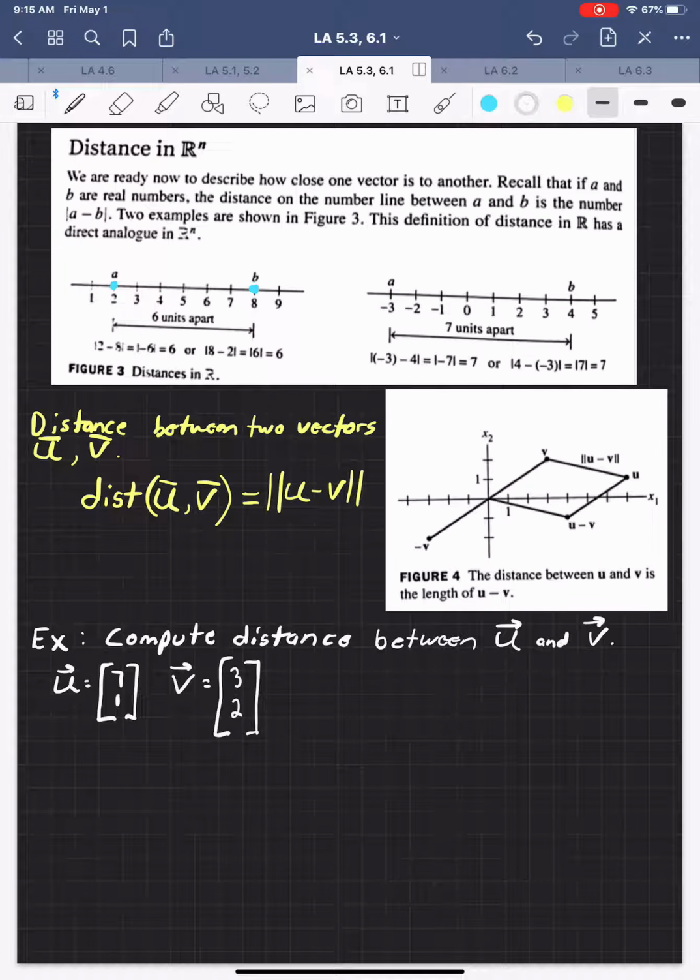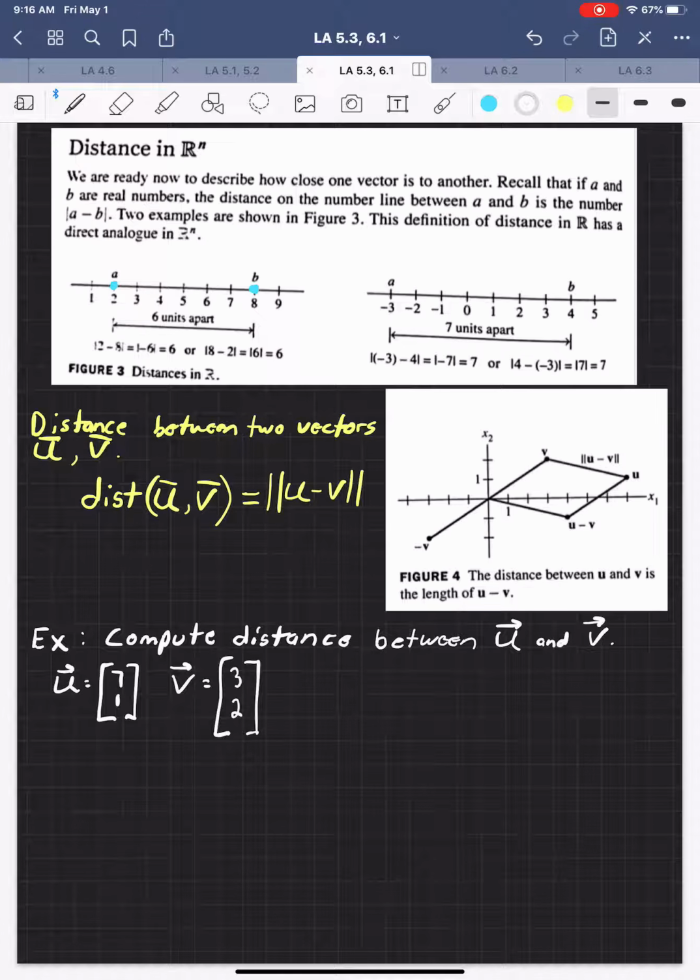All right. So let's go ahead and put this definition to work for us. Let's compute the distance between u and v given the following. So u is at 7,1 and v is at 3,2. I will spare you drawing that out, as long as you can understand figure 4 above. But how do we do this?